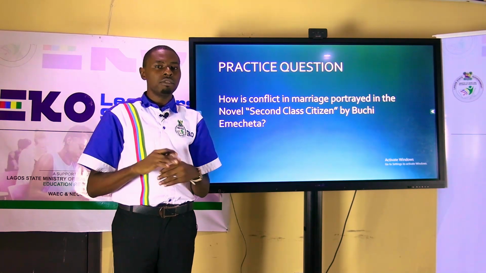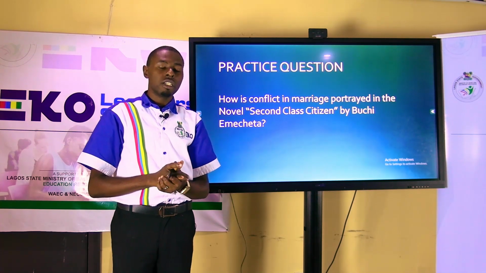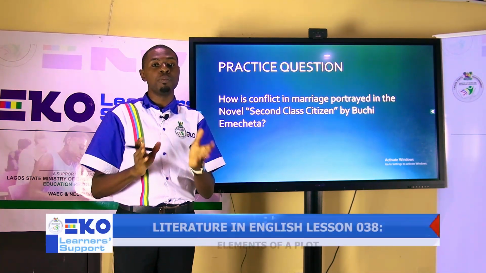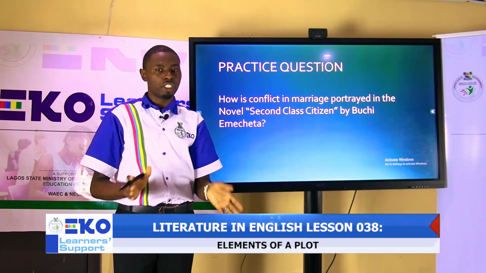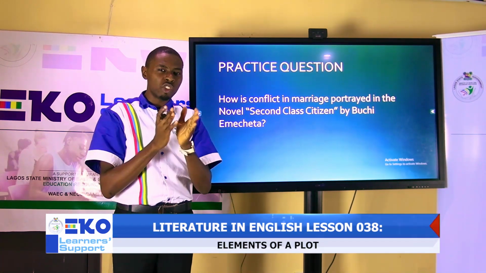Okay? And then you tell us a little bit about how her husband was the major thorn in her flesh. And this would have helped you to present a little bit about the story.